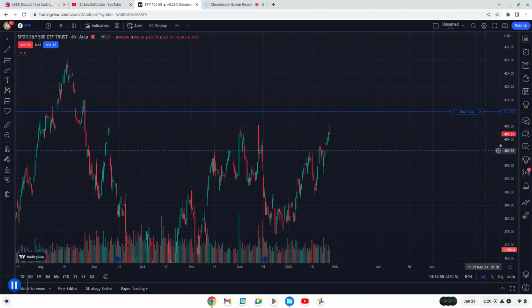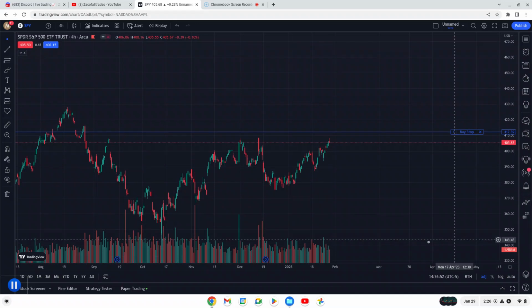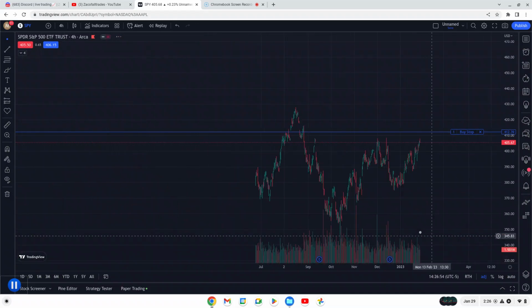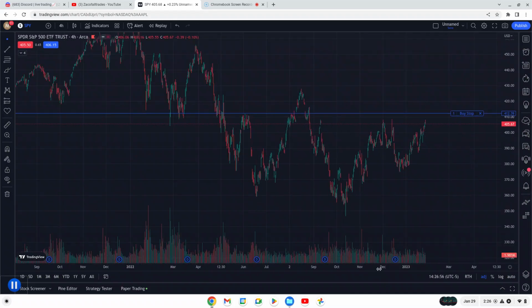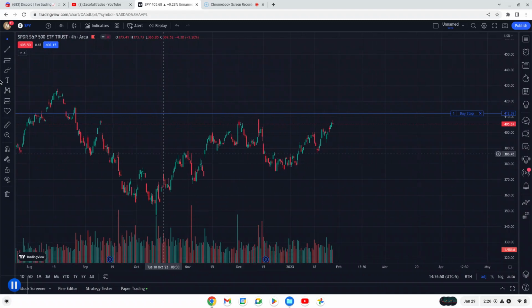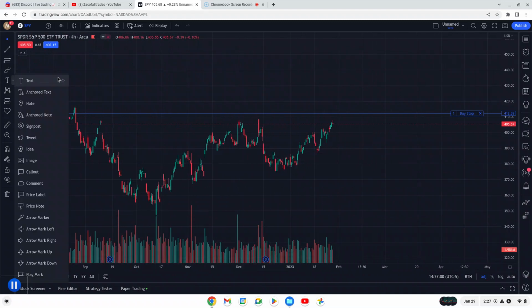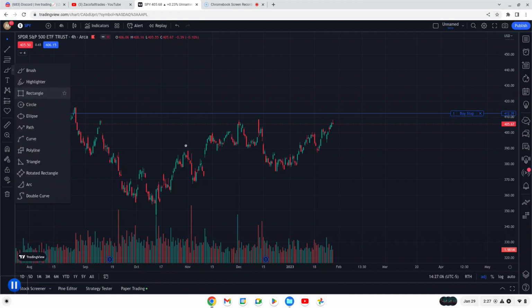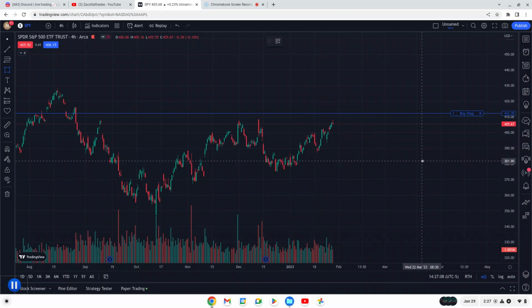The reason why I'm going to the 4 hour time frame is because the higher time frame gives you your better levels. Basically, once you have your zones, your supply zone, demand zone on a high time frame, I basically wait for price action to react to my zones to see if I'm buying or selling.